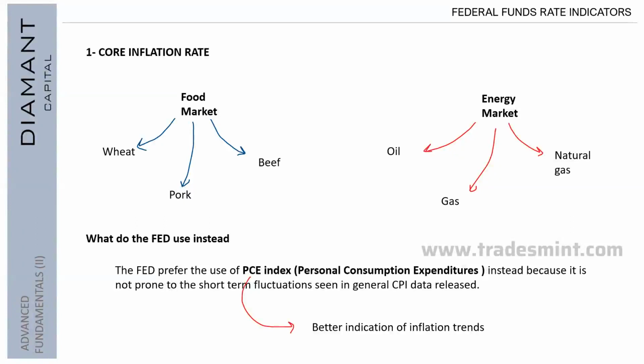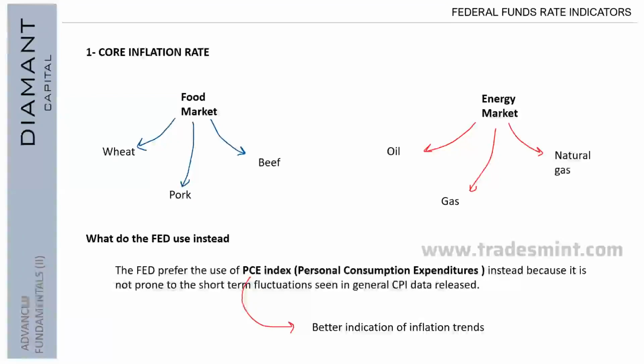Now, what does the Fed use instead? The Fed prefers to use the PCE index. Most of you would not have even heard of this because CPI is very well known, and of course, the core CPI index. But this one right here is the personal consumption expenditures.